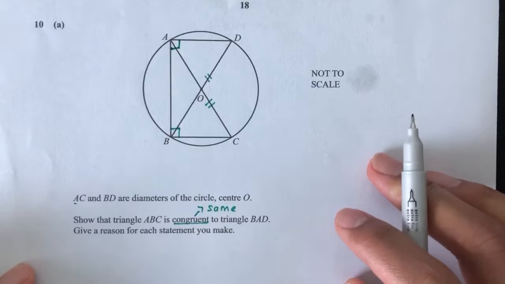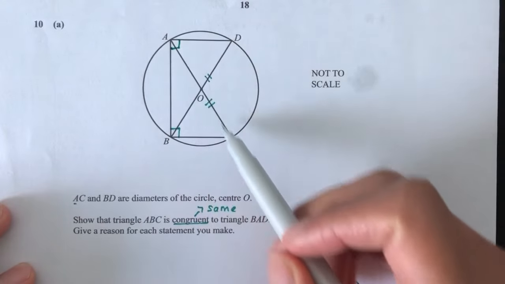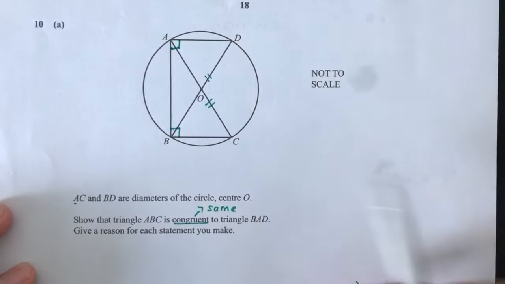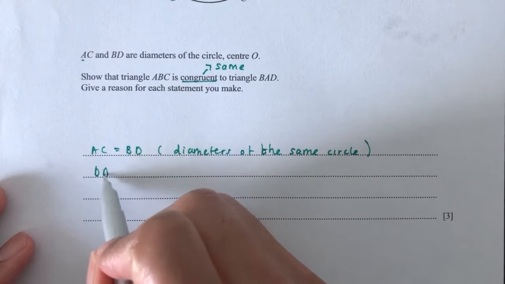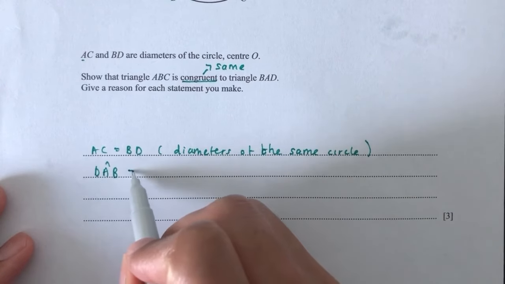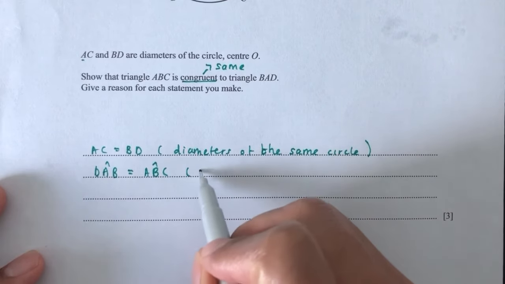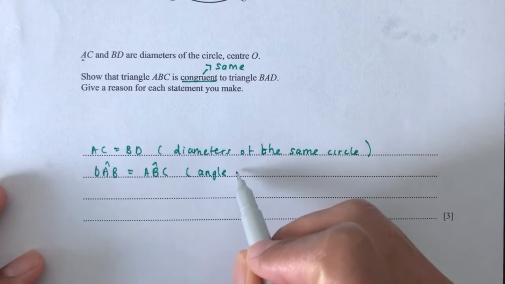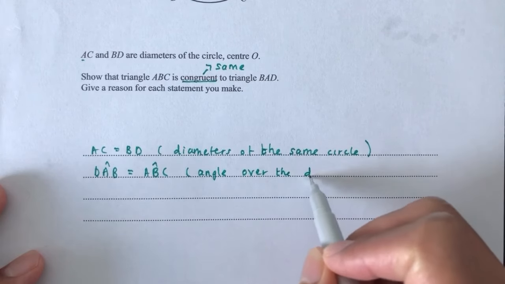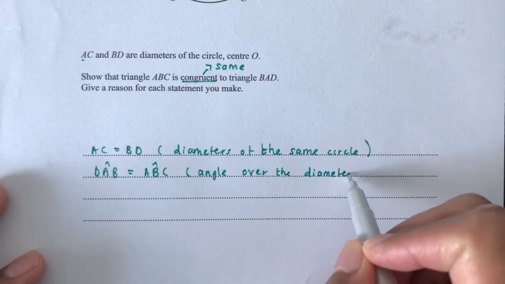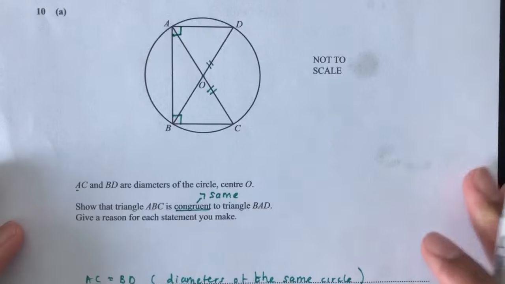So now we have one side equal and this side equal, and the angles are the same. Let's write down angle DAB is equal to angle ABC, over the diameter, which is 90. Okay, so that's the other point.